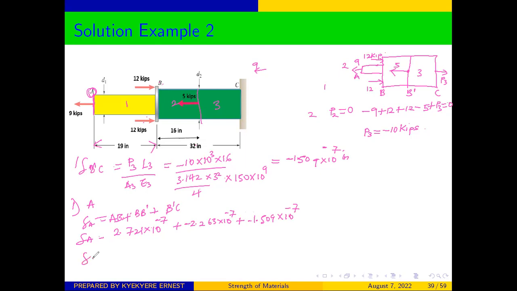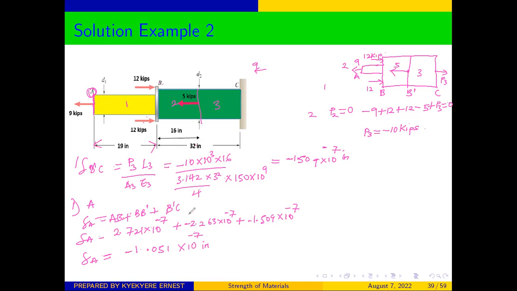And from there, we can see that the deformation at A will be equal to negative 1.051 times 10 to the power negative 7 inches. And that will be the deformation at A.